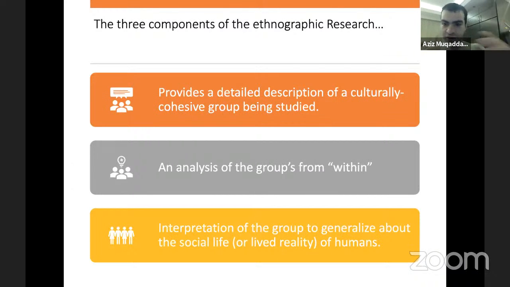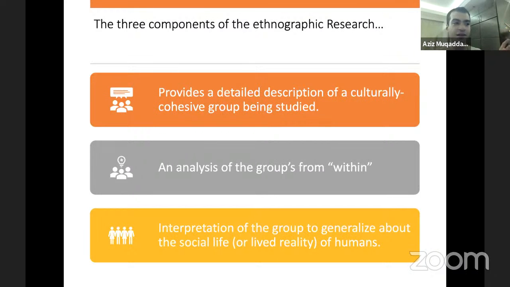This is as opposed to doing, let's say, a survey in which you draw a random sample of individuals. You're studying residents of the United States and their views about, I don't know, voting intentions.